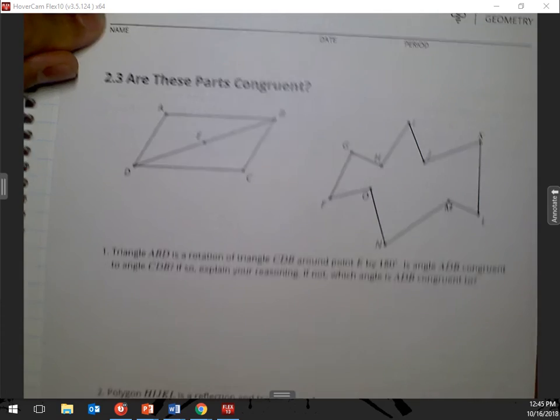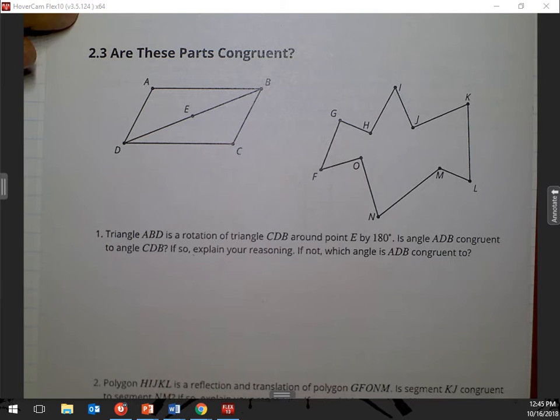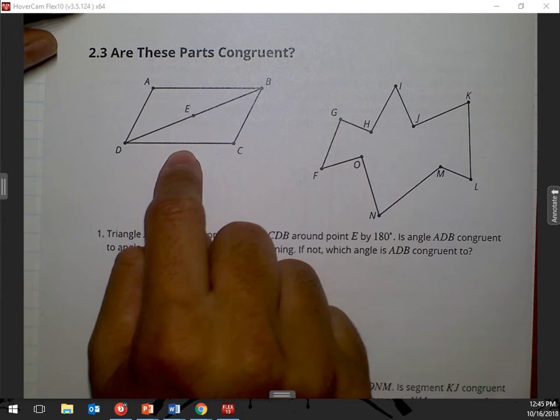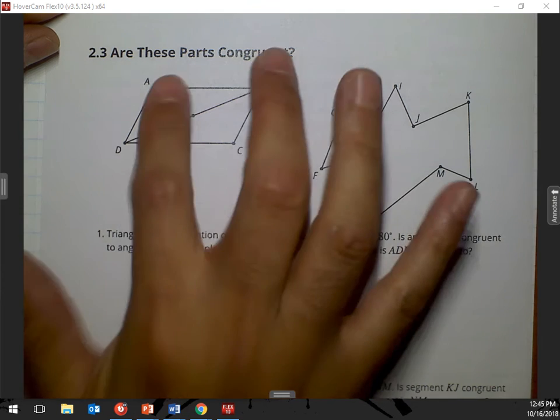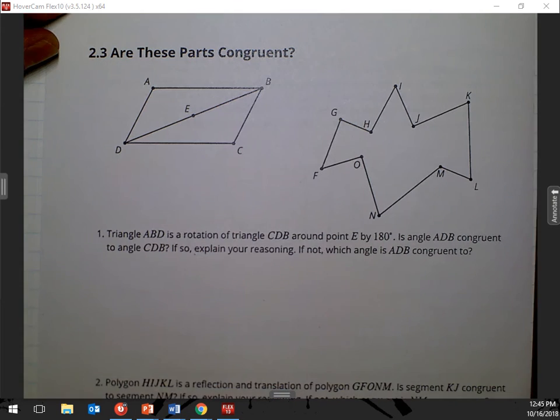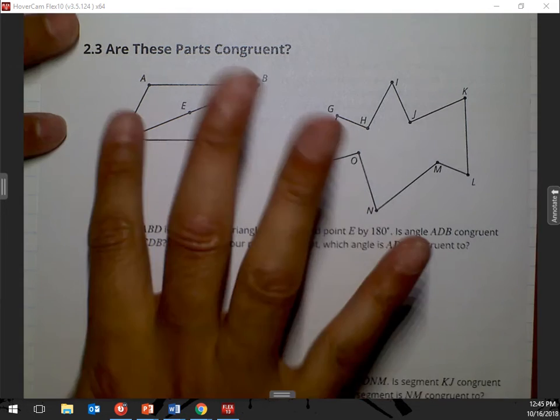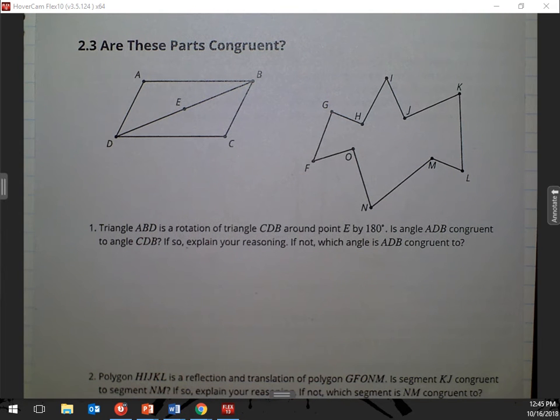It says, are these parts congruent? Didn't we do this thing yesterday? Yep. We were able to take this and flip it over, right? Now I'm going to give you guys a patty paper, and we're going to actually do this one here with that patty paper.